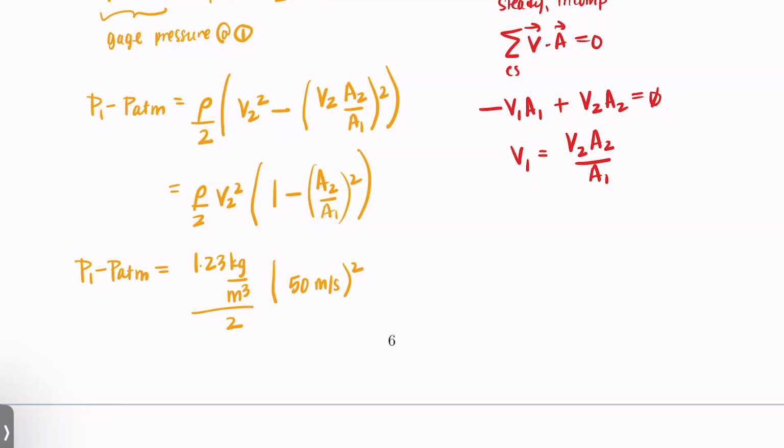And then we have the quantity of 1 minus, where did I put my areas? Oh, there we go. I have 0.02 meters squared over 0.1 meters squared. And this gives us 1.48 kPa.